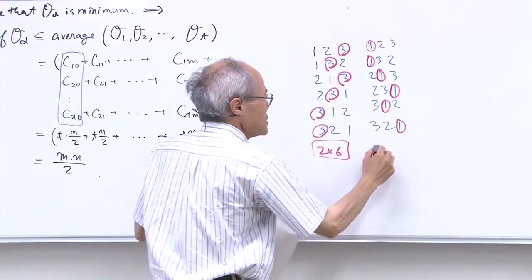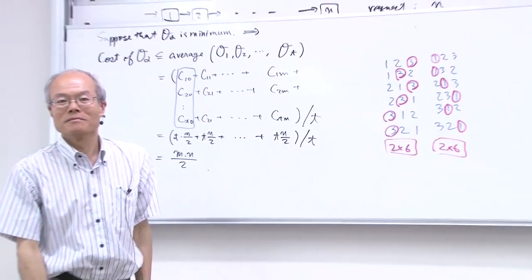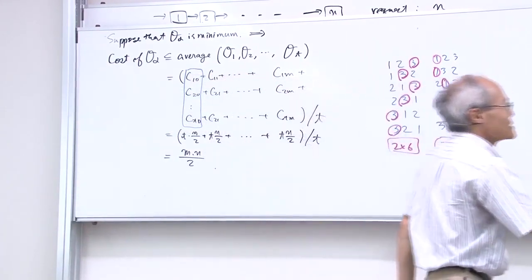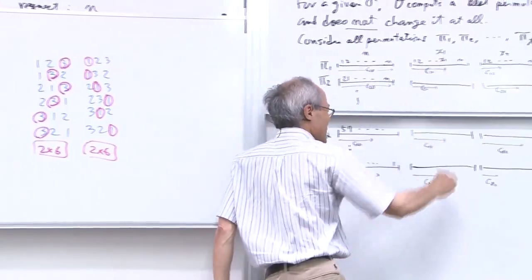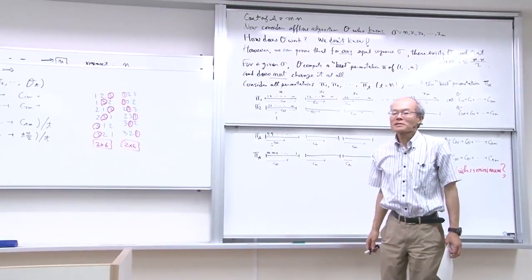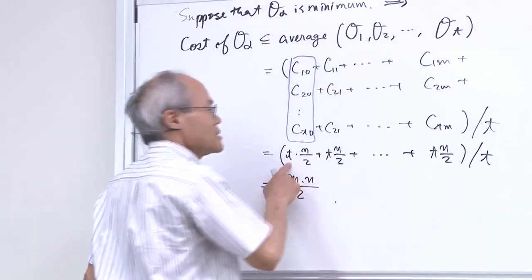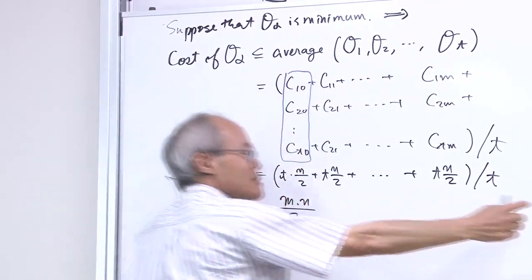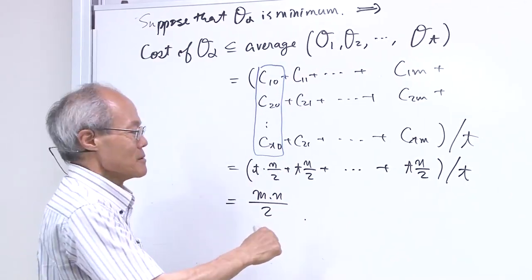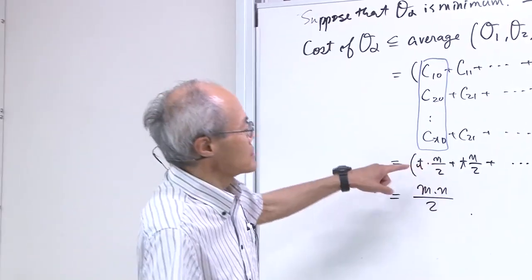Again, the cost is the same. The sum of the cost is all the same. And the value is 2 times t times this value 6. In this case, t times n over 2. And just a simple calculation.